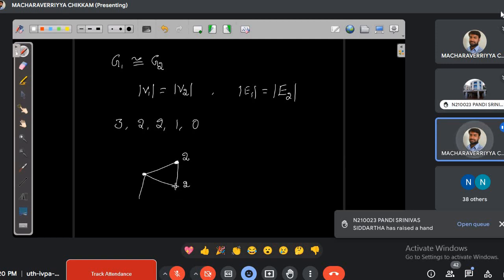Now I cannot connect this one to this one, because then it is going to have degree 3. So now there is a vertex with degree 1, which is given here, 3 degree here, and there is a vertex with 0 degree. That's it.